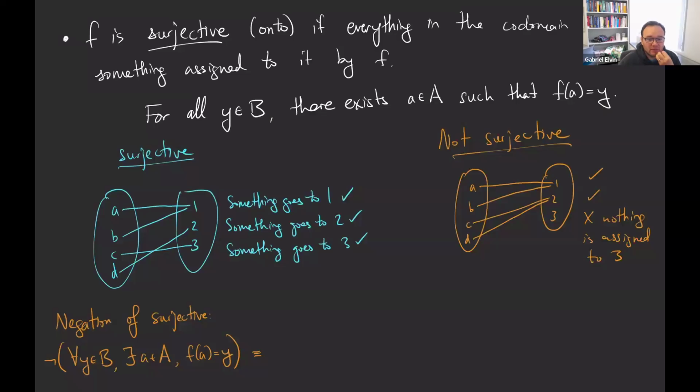So if you say for all something, the negation would be there exists something where it's not true. So it would be there exists a y in B such that this is not true. This is just De Morgan's law.